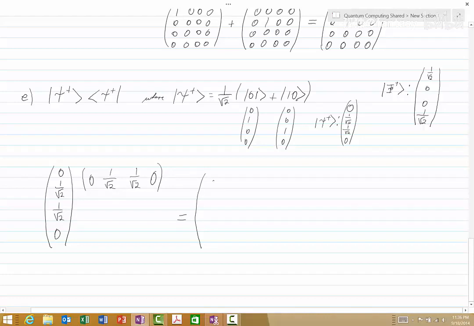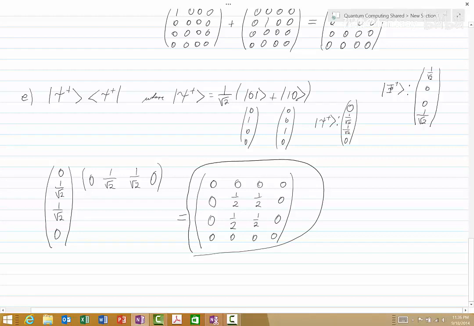For the first row we get 0, 0, 0, 0. For the second row we get 0, 1 half, 1 half, 0. For the third row 0, 1 half, 1 half, 0. And finally for the last row 0, 0, 0, 0. So this is the correct answer to this problem.